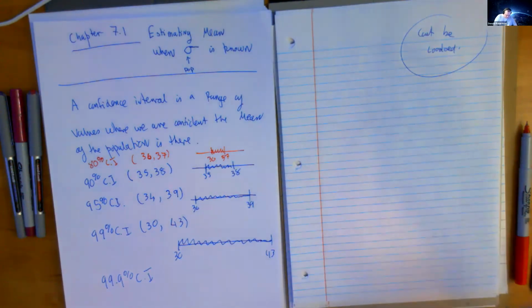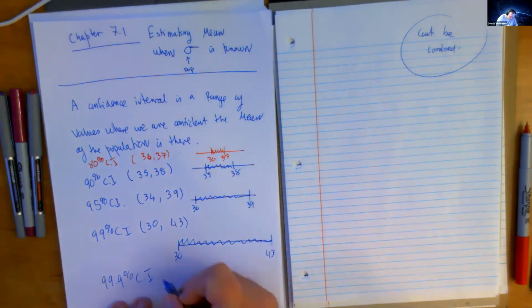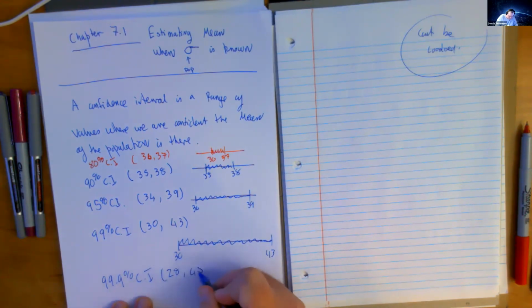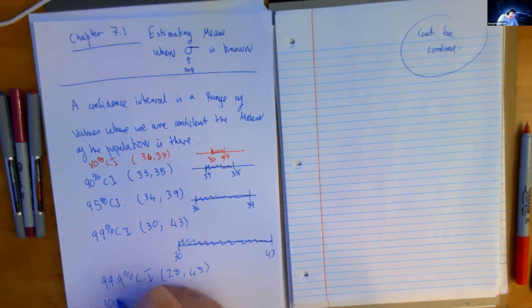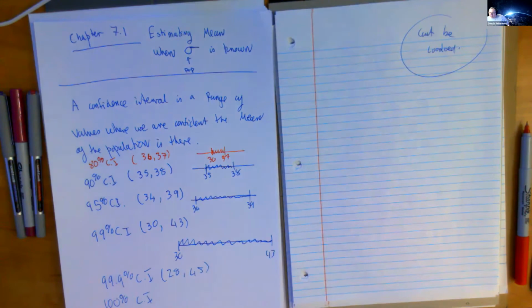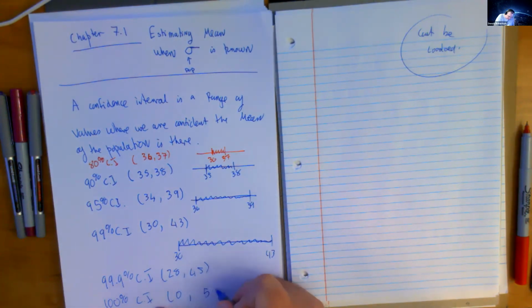This doesn't exist, by the way, but, oh, can I put this fella in as a 28 and a 45, right? If I wanted to be 100%, in other words, I wanted to be guaranteed that I got the average age of Americans, couldn't I say 0 to 500?